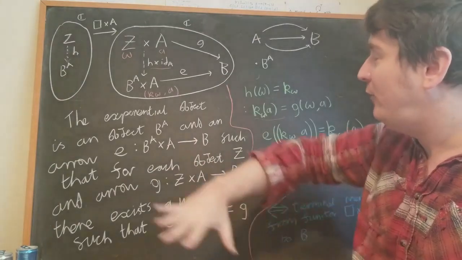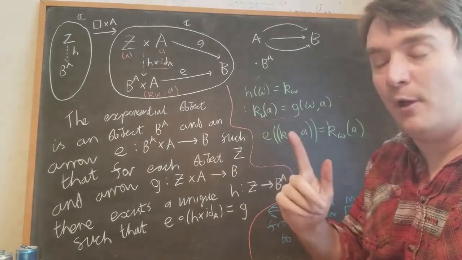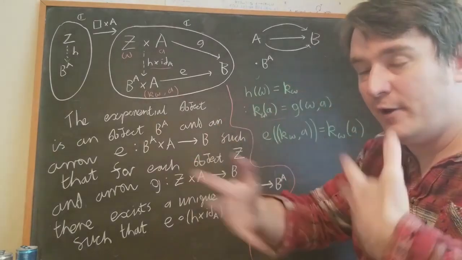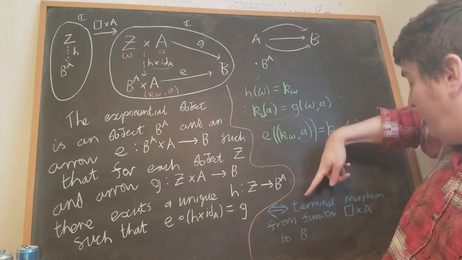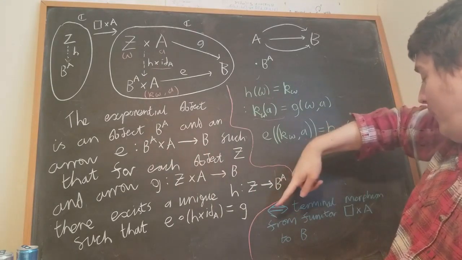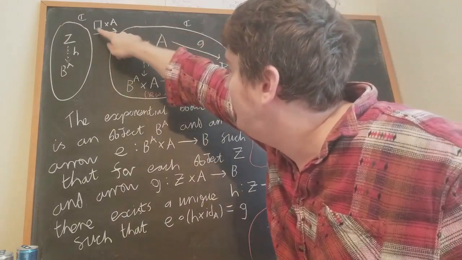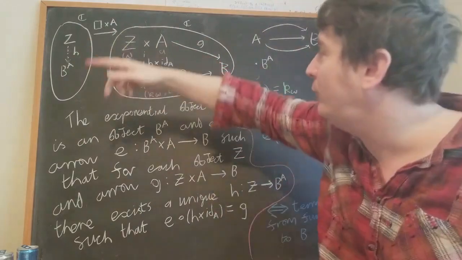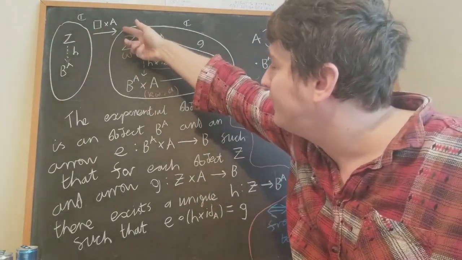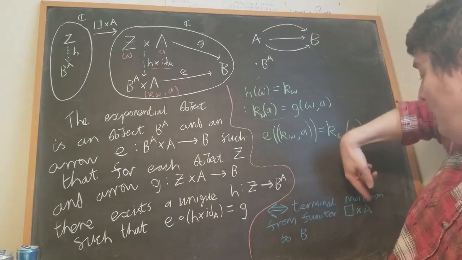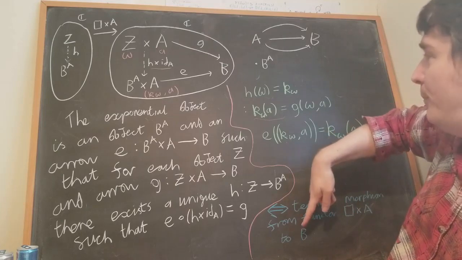Okay, so this is a very general idea, and it corresponds to a universal property. So this actually corresponds exactly to a terminal morphism from this functor here. This is a functor which just takes an input and then does the categorical product of it with A. So this corresponds to a terminal morphism from this functor to B.